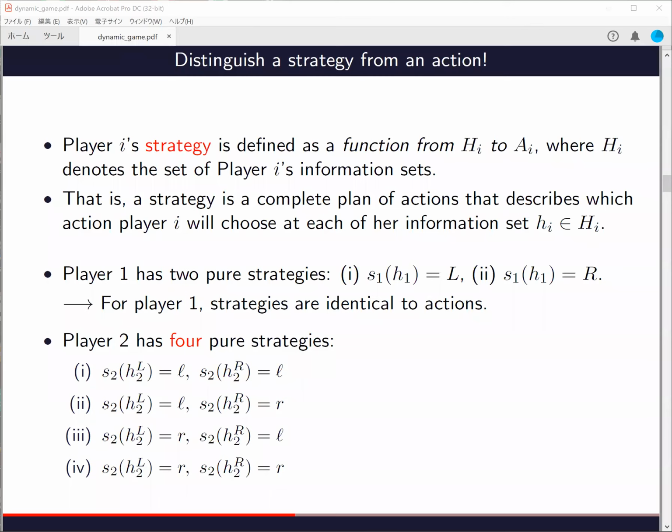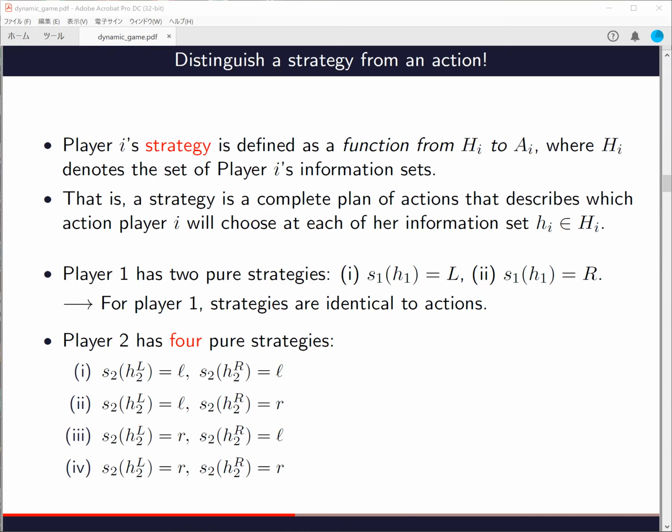Player i's strategy in an extensive form game is a function from information set to action of player i, where capital Hi denotes the set of player i's information sets. In other words, a strategy is a complete contingent plan of actions that describes which action player i will choose at every information set of player i.